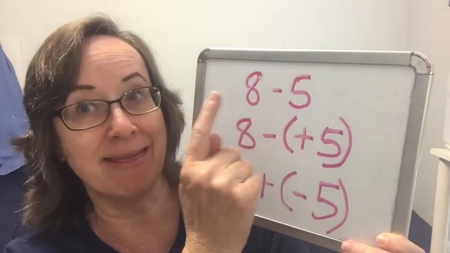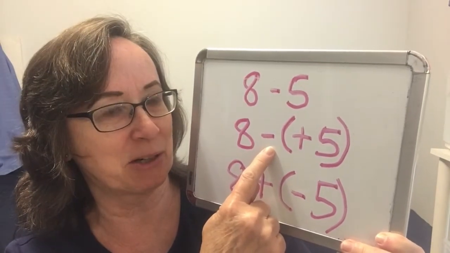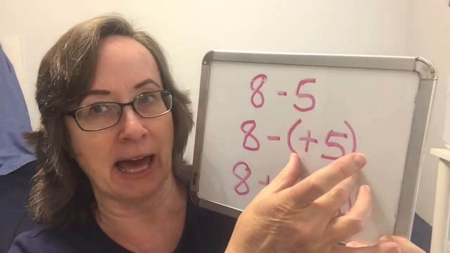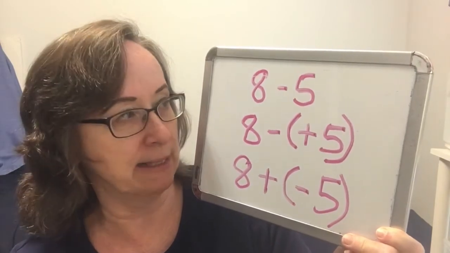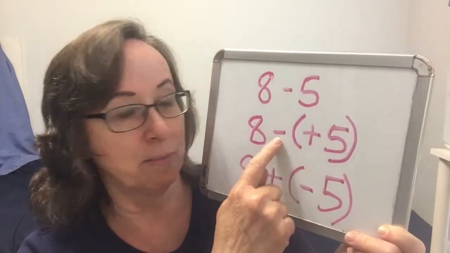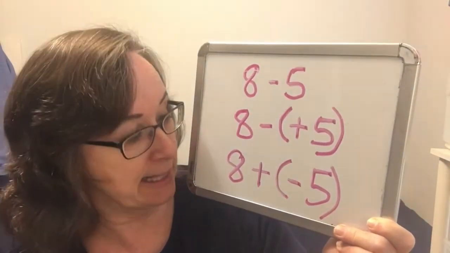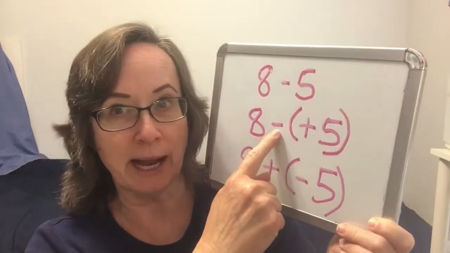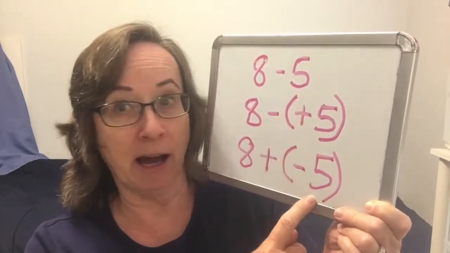We can then write it still as subtraction, but we have separated the 5 and put it into parentheses. So basically this was minus a 5. We just added the parentheses in. And then subtraction is addition of the opposite.